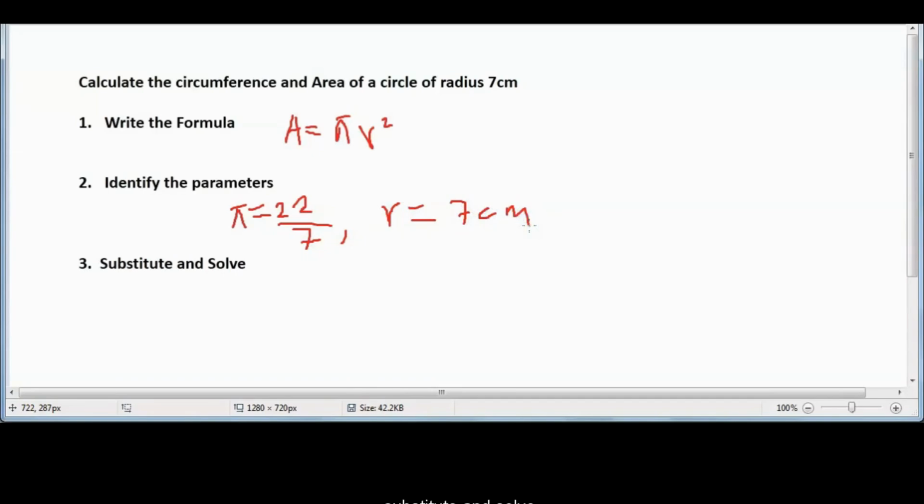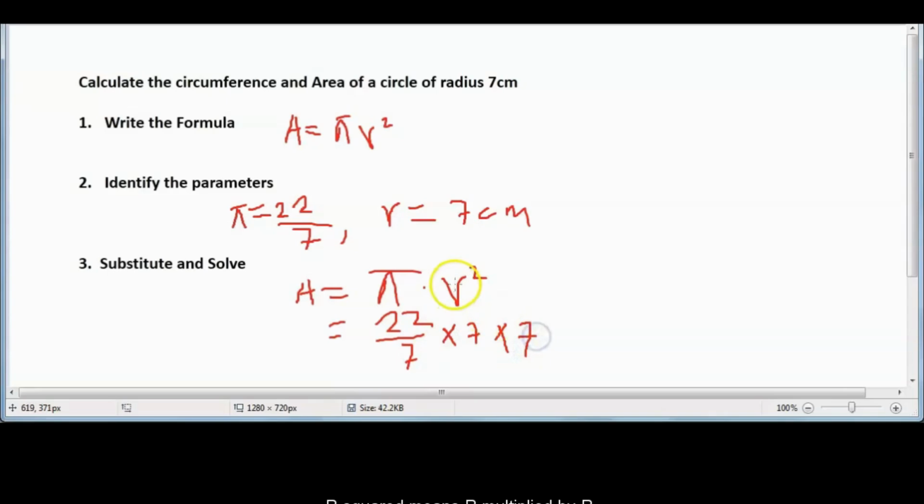Okay, substitute and solve. A is equal to pi multiplied by r square, so that is 22/7 for pi times 7 times 7. R square means r multiplied by r, 2 times.